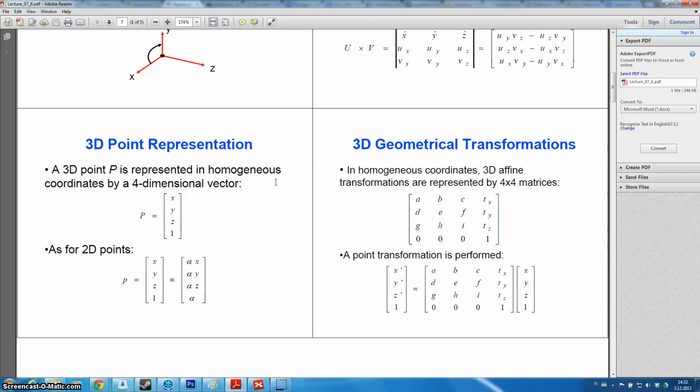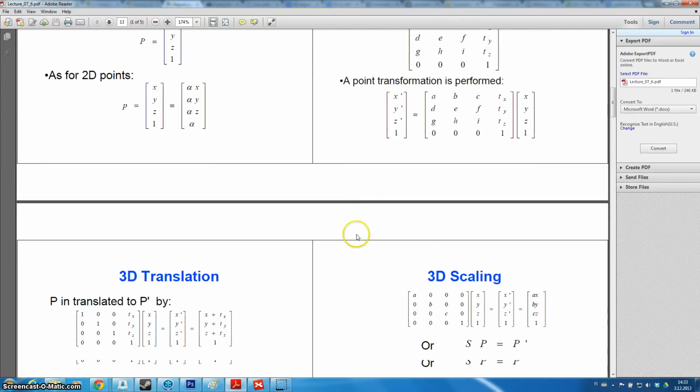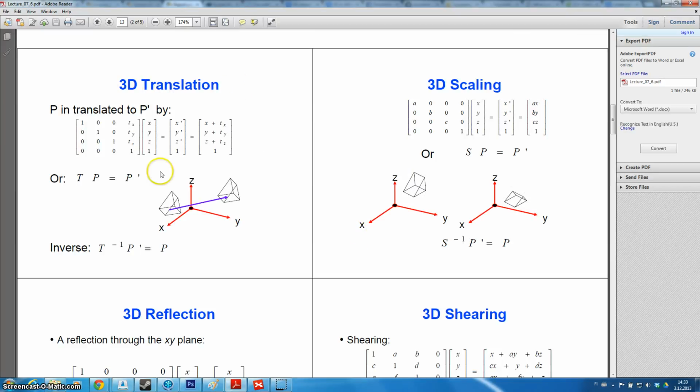There are 3D geometrical transformations, represented like a 4x4 matrix, and by using those transformations, let's see, if we want translation, we change these elements of that matrix, and then by cross product we find out a new vector for that.